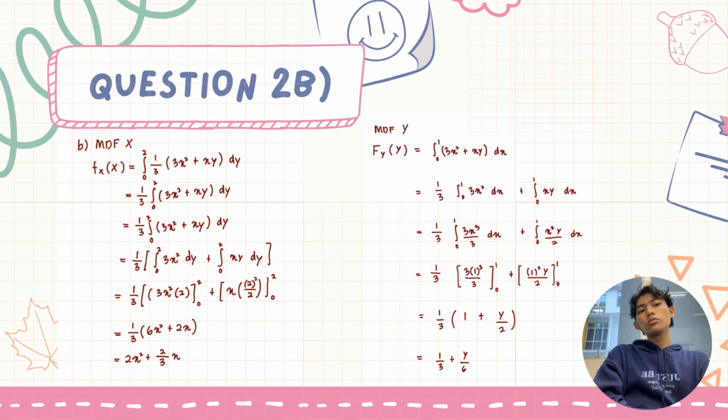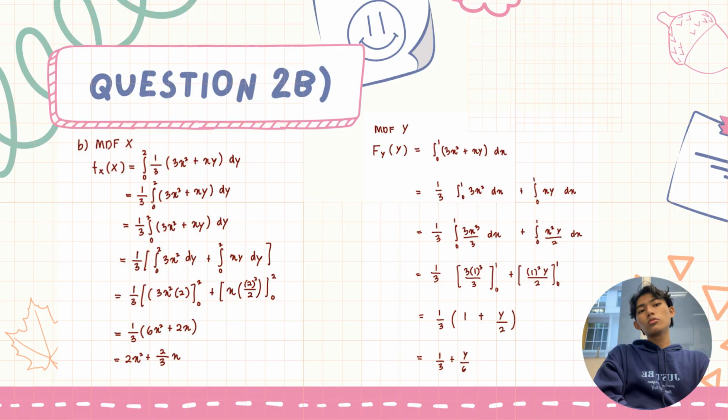Part B. Here we need to find the marginal density of x and the marginal density of y. To find the marginal density of x, we need to integrate the joint density function with respect to y over its range. Here, x is treated as a constant. Notice that the 3x squared does not depend on y, so integrating it simply multiplies it by the upper limit 2.